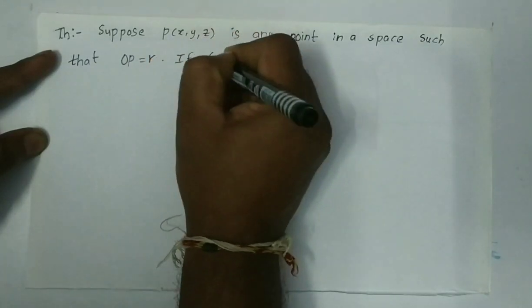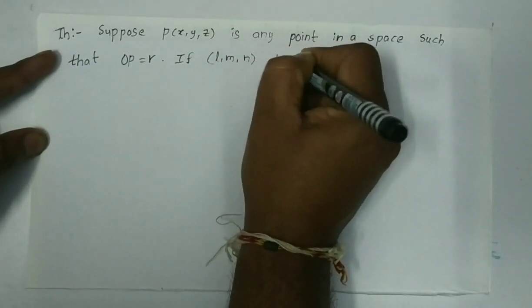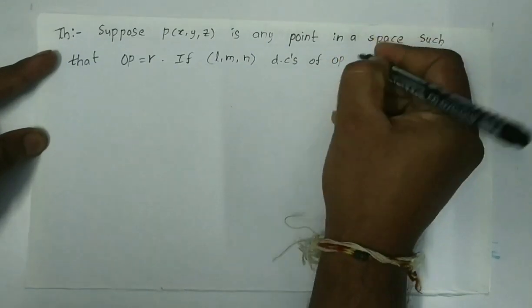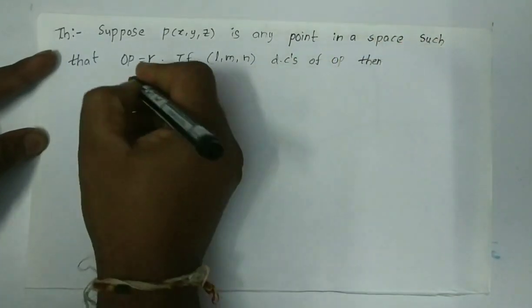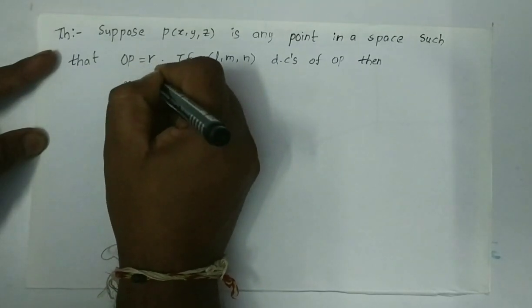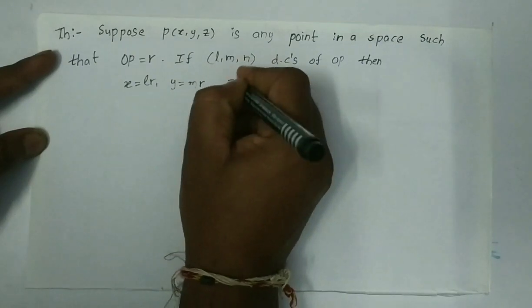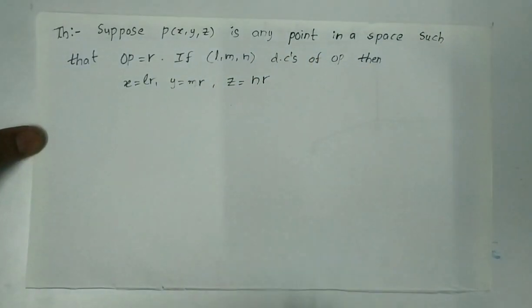If L, M, N are the direction cosines of OP, then x is equal to Lr, y is equal to Mr, z is equal to Nr.